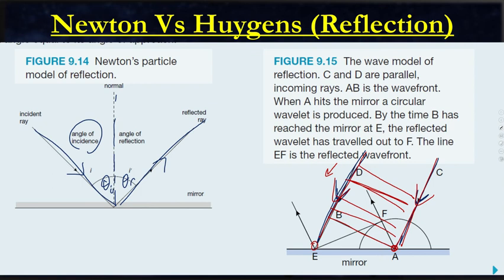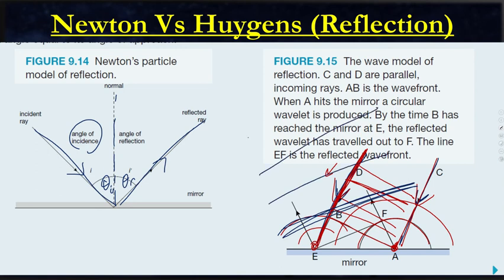When one point of that wave hits, it's going to create a point source, and it's going to create its own wavelet. As it creates its first wavelet, it's going to continue to move out until this side of the wavefront hits and creates its own wavelet and goes out like that. When they've both been created, you get a new wavefront going out that way, in that direction.